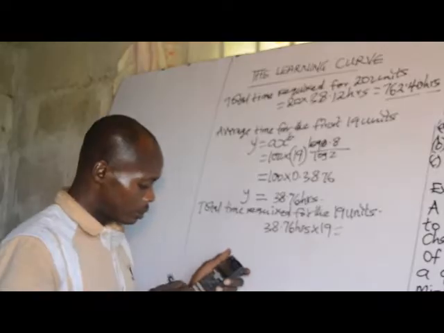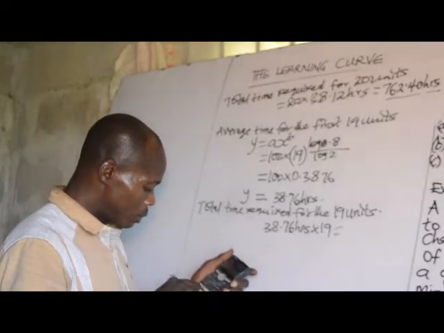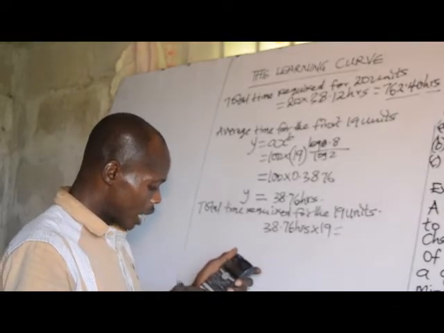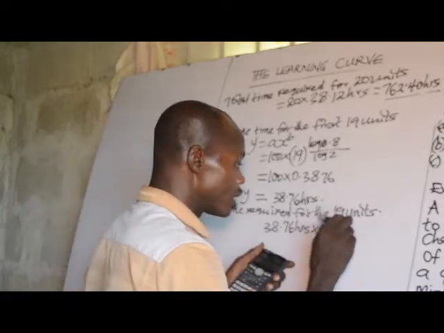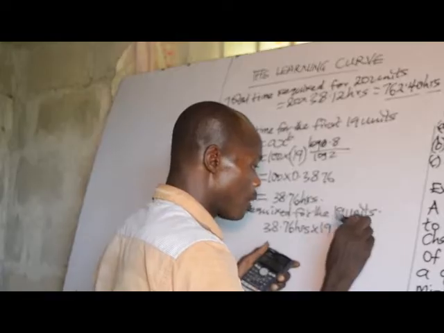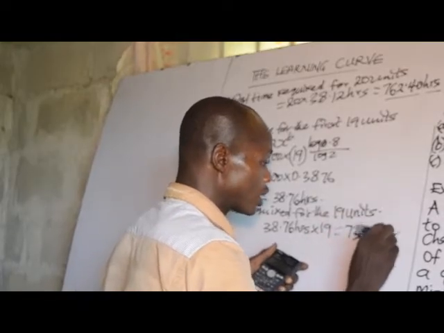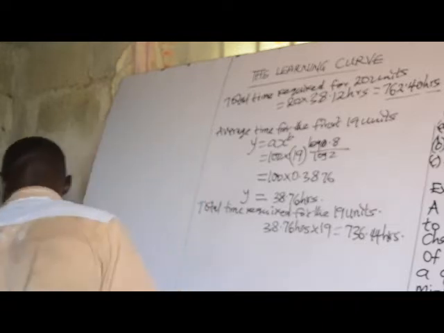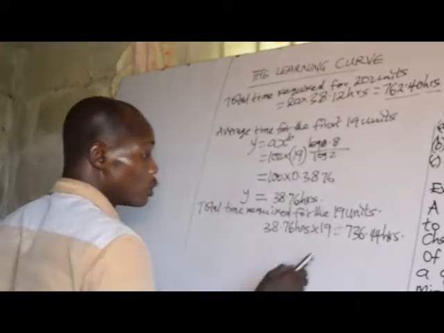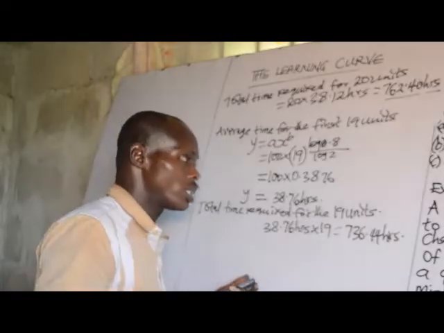That gives us 736.44 hours. That means the total of 736.44 hours will be required to produce the first 19 units.